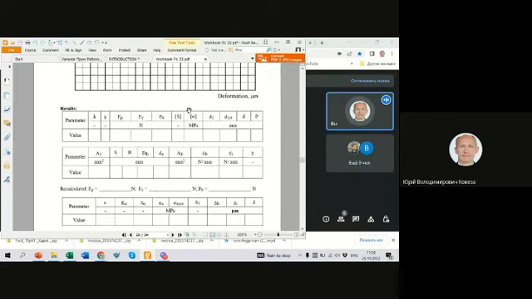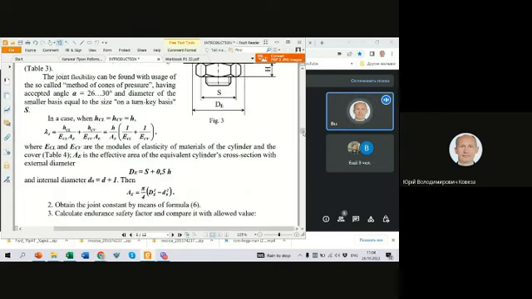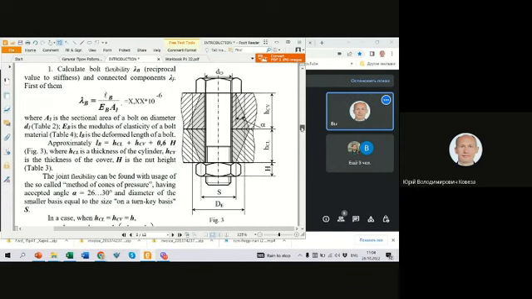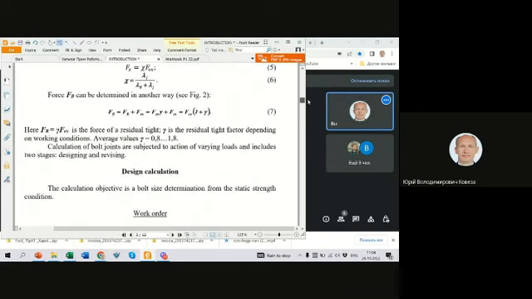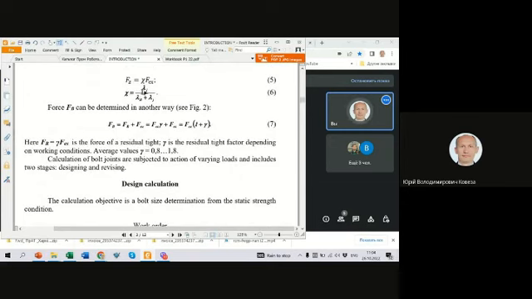And put the result: D0, DE, AE, and lambda joint. Now when we know lambda bolt and lambda joint, we can find chi, the joint constant: lambda joint divided by lambda bolt plus lambda joint.